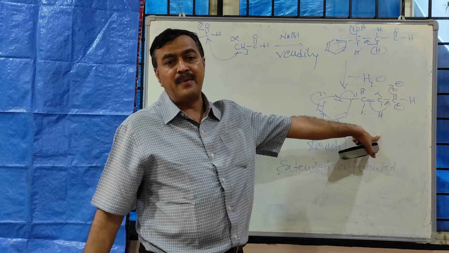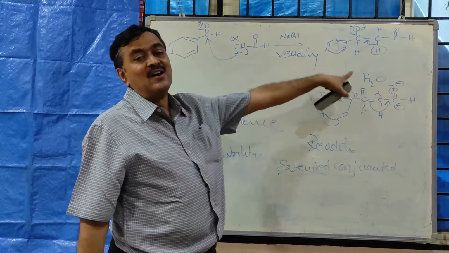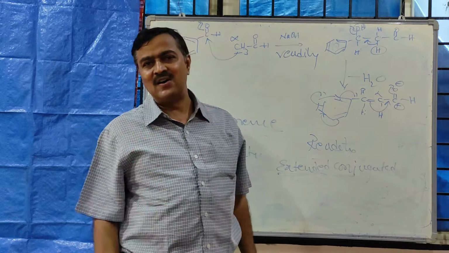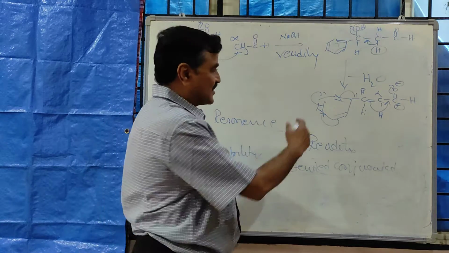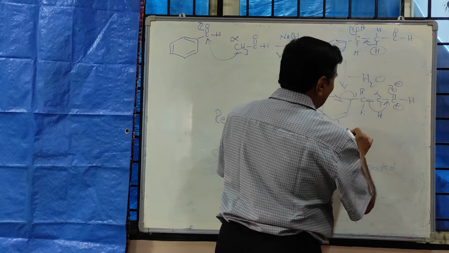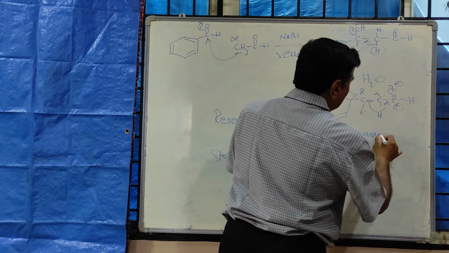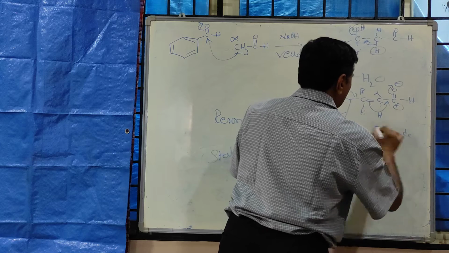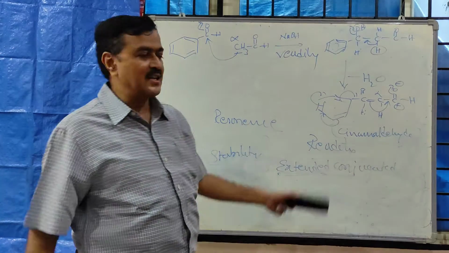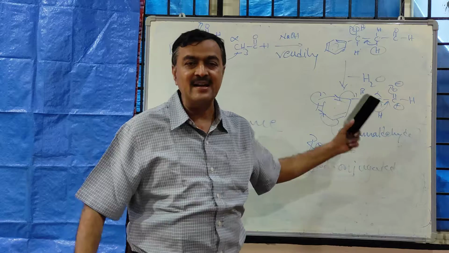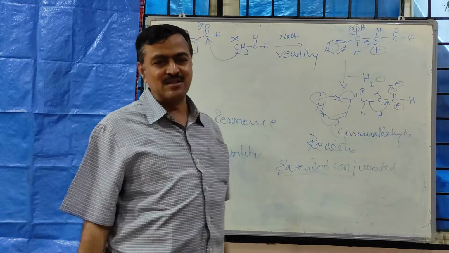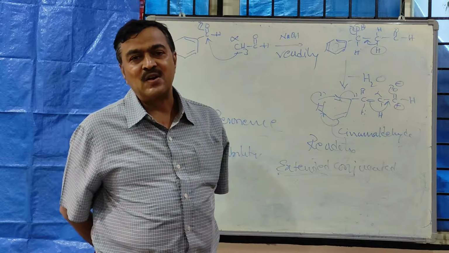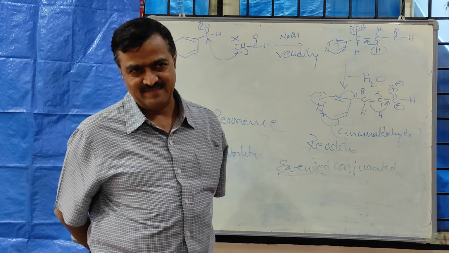This is what will happen with benzaldehyde and acetaldehyde, and this is called crossed aldol condensation. This compound is cinnamaldehyde. This is the one present in cinnamon. Cinnamon has this cinnamaldehyde. This is a very good essence which is used in cooking. So this is crossed aldol condensation.